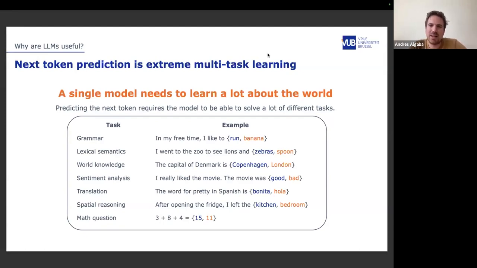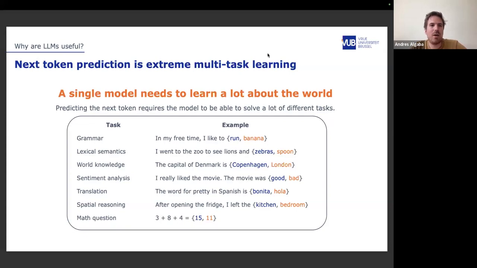So you see, implicitly, predicting the next token has lots and lots of tasks embedded in it. Okay, also when you see a math question, "3 + 8 + 4 equals", well, if this was not in my training data, I kind of have to be able to compute a little bit to see what the next token should be. Also translation and so on and so on.